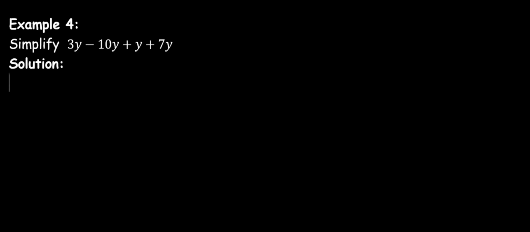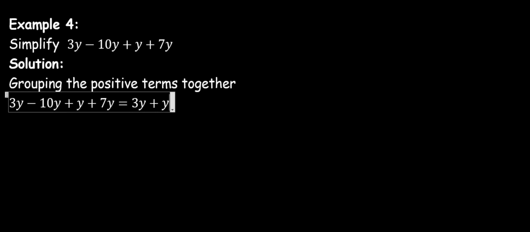Simplify 3y minus 10y plus y plus 7y. Solution. Grouping the positive terms together, we have 3y minus 10y plus y plus 7y will be equals to 3y plus y plus 7y minus 10y, which will give us the result of 11y minus 10y.